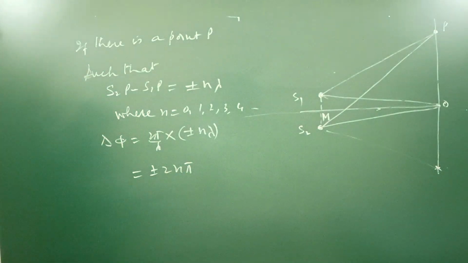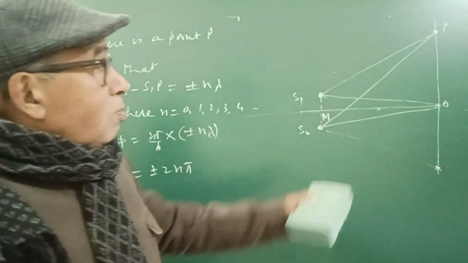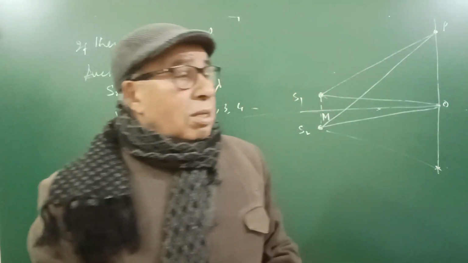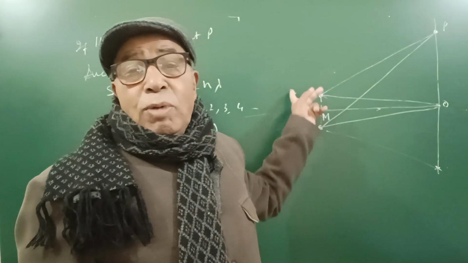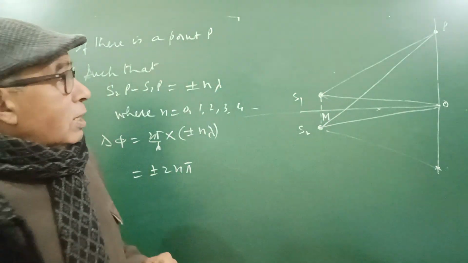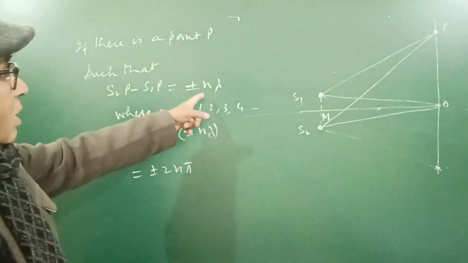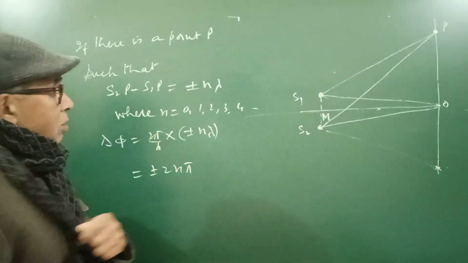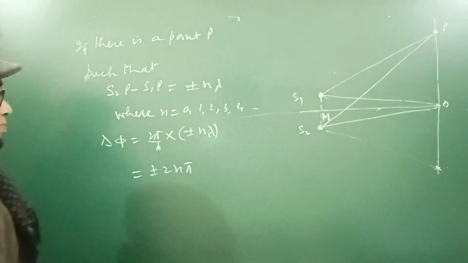A phase difference of 2n pi means the waves meet in the same phase. So at every such point P, where the sound waves from S1, S2 meet with path difference n lambda, we will get maximum sound.